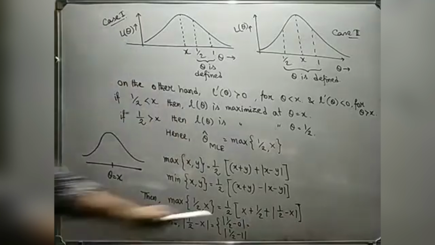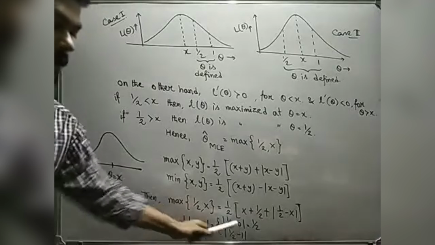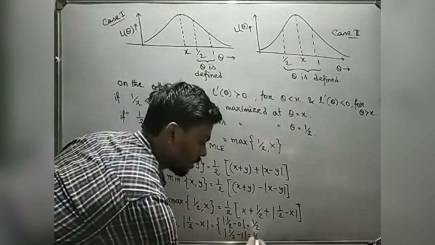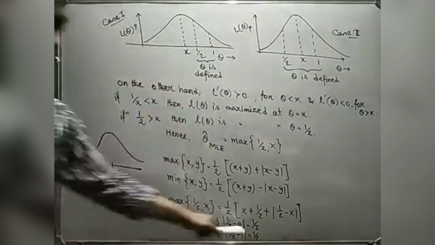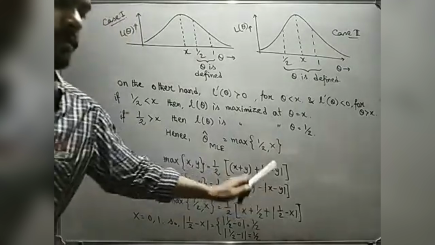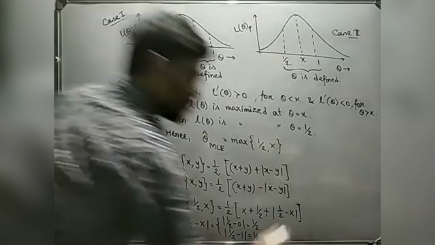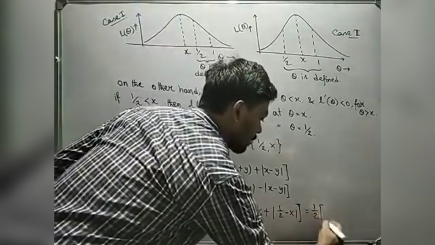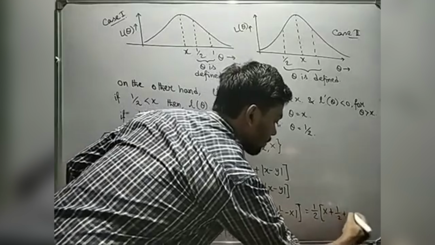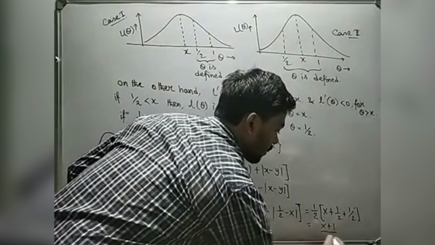Half minus 0 is half, and half minus 1 is also half, as we have the modulus. So this modulus of half minus x is always half, as x takes the value 0 or 1. So this is just half, then x plus half, which is nothing but x plus 1 by 2.